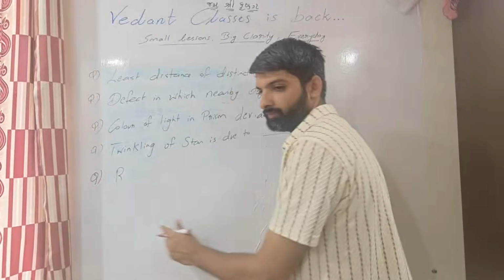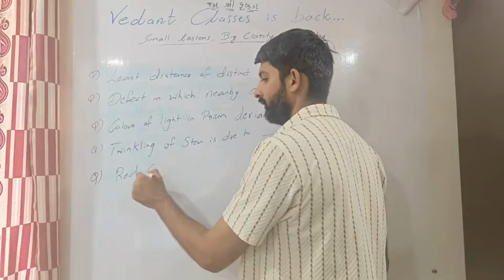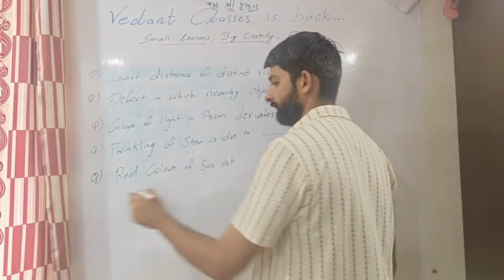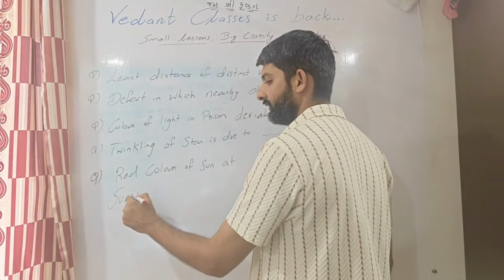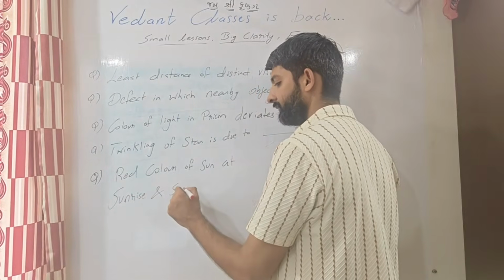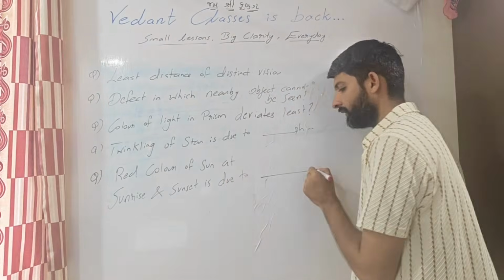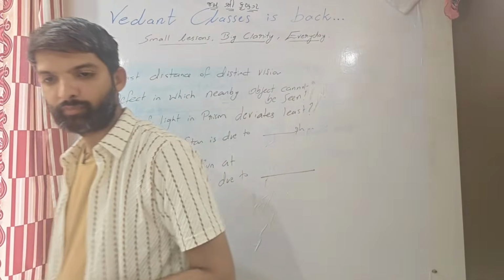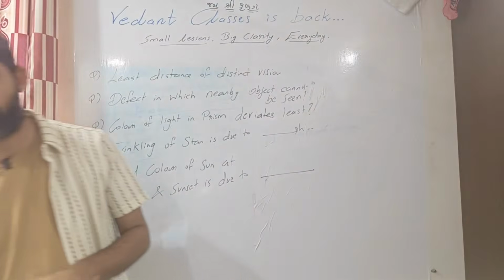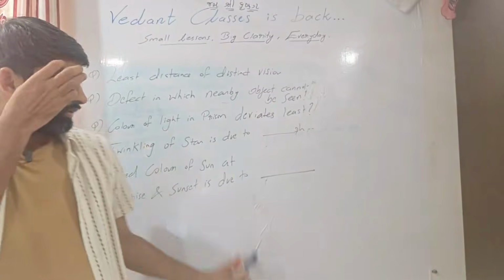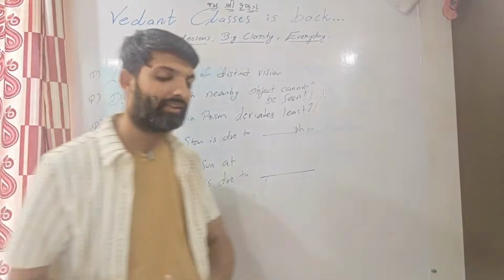Next is: red color of sun at sunrise and sunset is due to blank phenomenon. Why don't planets twinkle? Yes, it is also included in that. Red color of sun at sunrise and sunset.